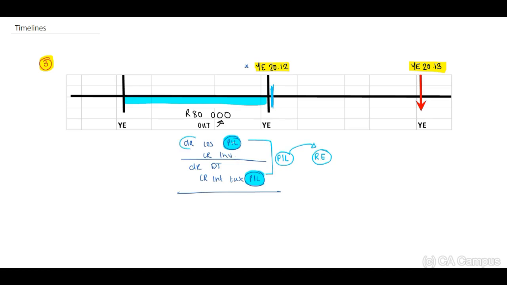Therefore, to recognize this transaction, remember, we need to do this again. Why? Because at the end of 20.13, we receive a clean trial balance of our parent plus a clean trial balance of our subsidiary, and we need to correct our opening balance retained earnings to ensure that all of our opening balances of our group agrees to the closing balances of our group.